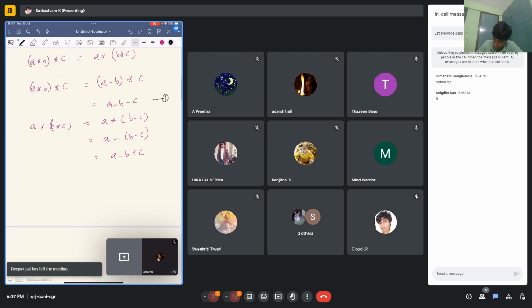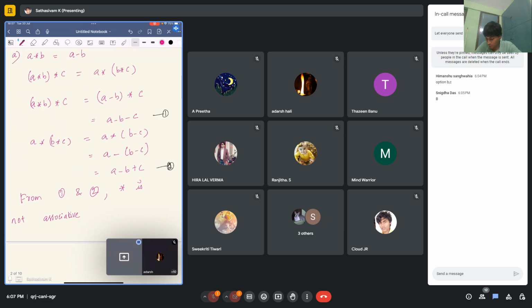So let me mark them as 1 and 2. From 1 and 2, star is not associative.